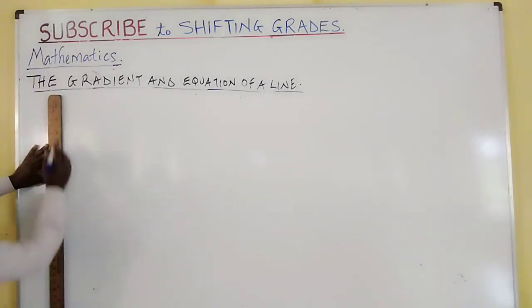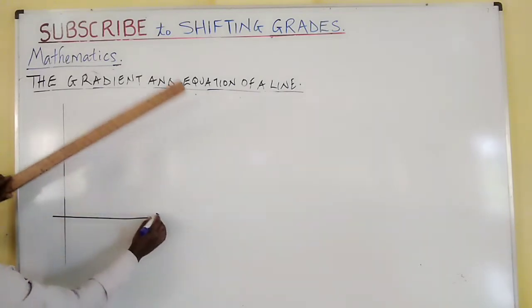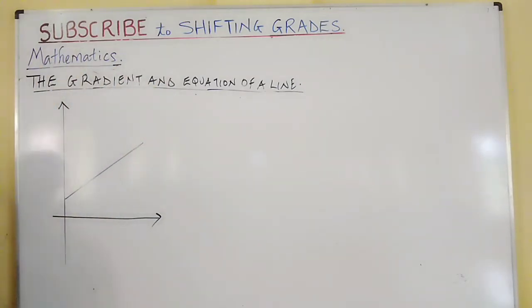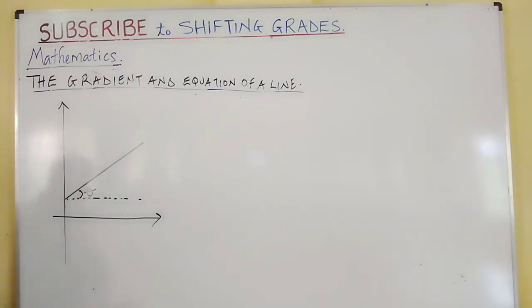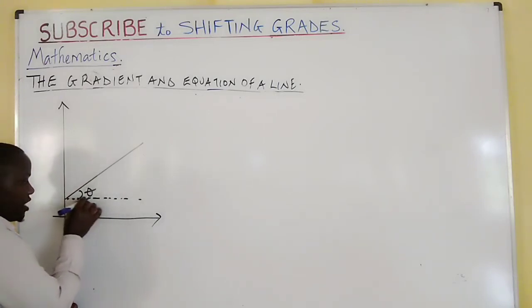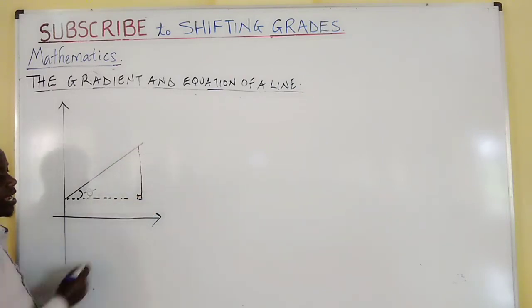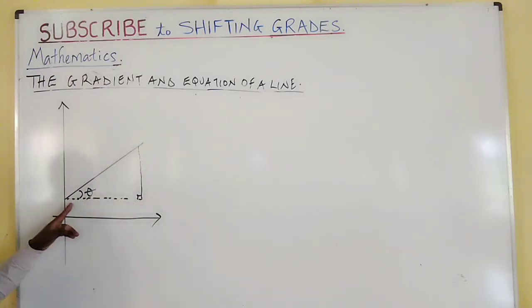When a line and the x-axis are making an angle, we said that this line with the x-axis are making an angle, then we have this displacement here and this displacement here giving us a gradient. Therefore, the y displacement all over the x displacement gives us the gradient.